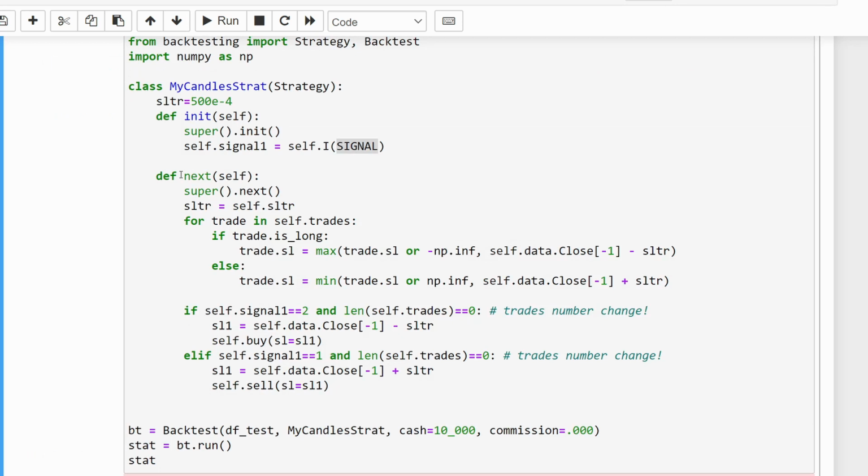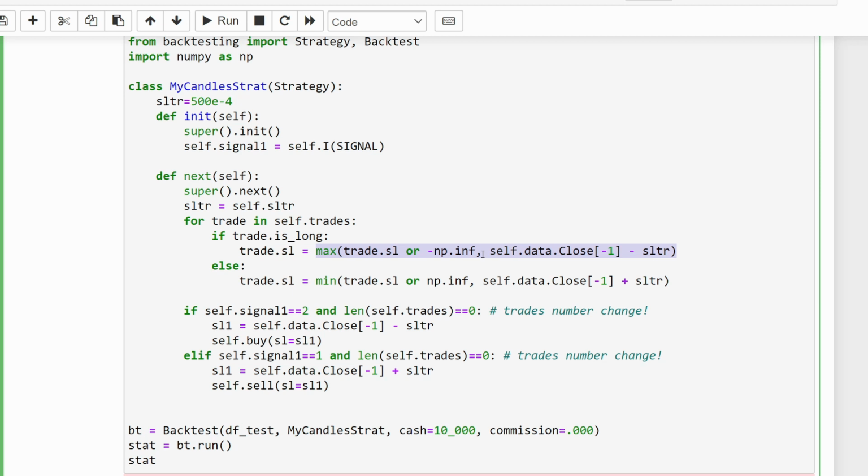Then we override the next function, which is also executed at each candlestick, meaning every day in our trading history. And I'm going to say that the stop loss trail value is equal to this value that we have defined here for the class. And then for trade in trades. So if I have open trades, they will all be recorded somewhere in a list of trades. And for each trade in this list of trades, I'm going to do the following. If the trade is long and it has a stop loss, so I have to say that the trade.sl, the new value of the stop loss, is going to be equal to this amount.